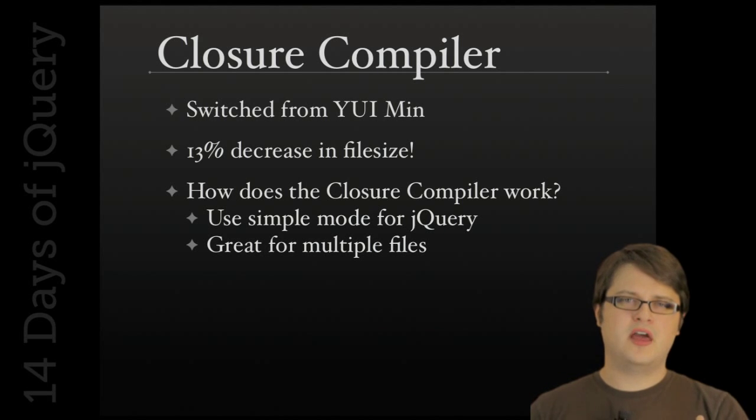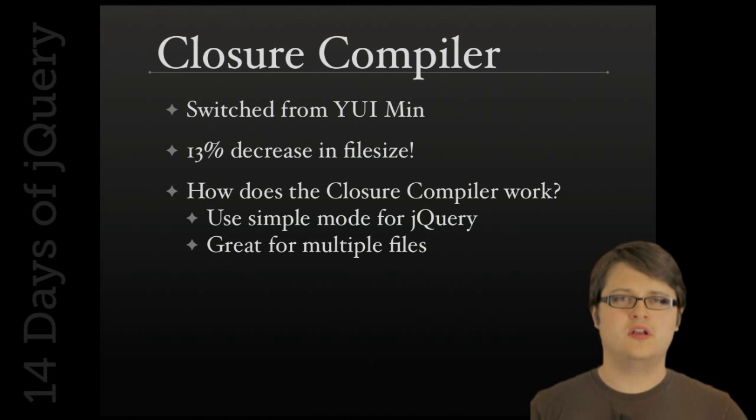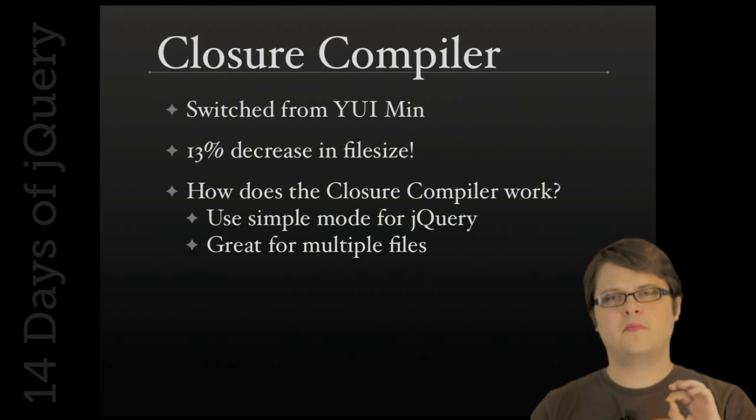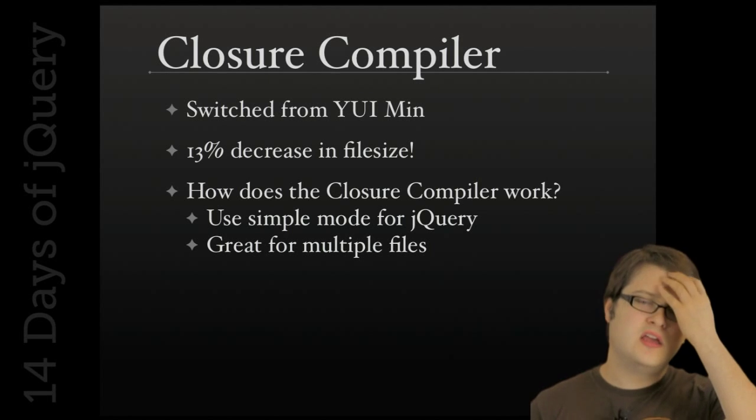We should note, though, that the Google Closure compiler is very different in a lot of ways from YUI-min and other tools of that sort. The big difference is that the Google Closure compiler is optimized for compressing multiple files simultaneously.